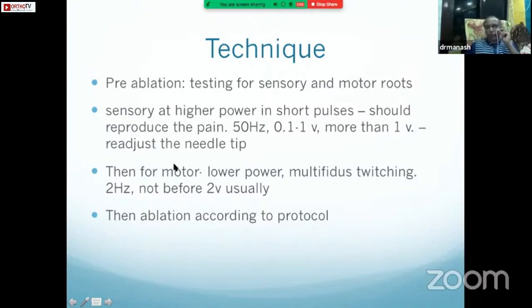Once sensory is done, we go for motor nerve testing, which is lower frequency, 2 Hertz, and we should not get a response before 2 volt. We can see multifidus twitching at times, and if a motor response comes before that, we have to adjust the needle as well. Once this is done, we are ready for the ablation.